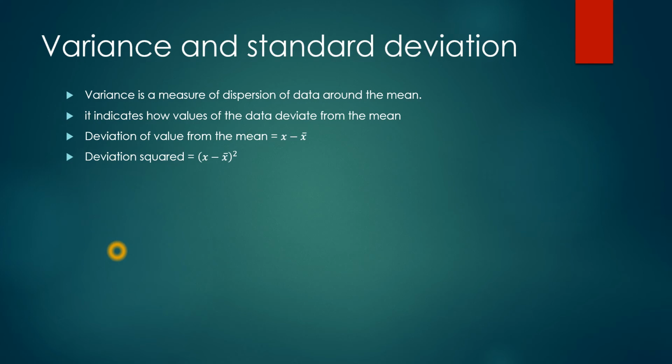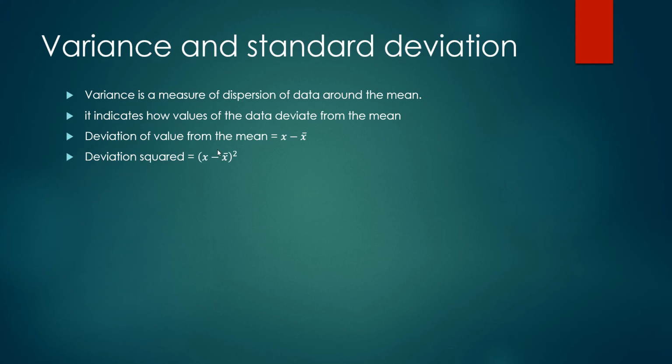To calculate the variance, the first step is to take each value in the frequency distribution table and subtract the mean of the distribution. Once you do that, you need to square every x minus x bar, that is, value minus mean.